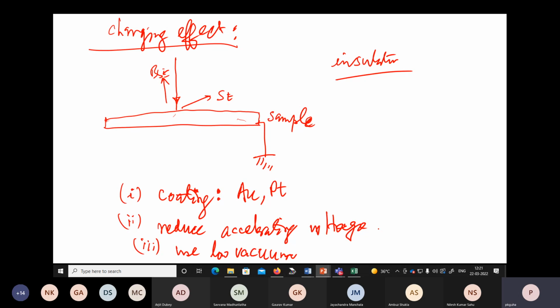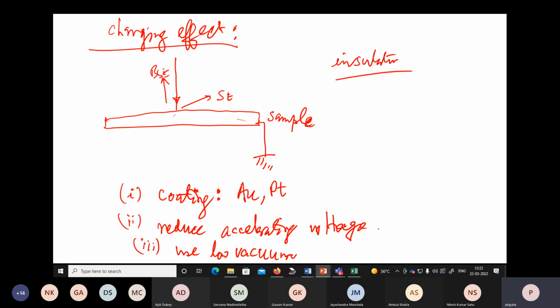There is another approach you can adopt: use low vacuum. If you use low vacuum, particularly near the sample surface, then the air molecules will be ionized, and those will come in contact with the sample surface and reduce this locally grown negative potential. The residual gas molecules, positive air ions, will neutralize the negative potential developed because of charging.